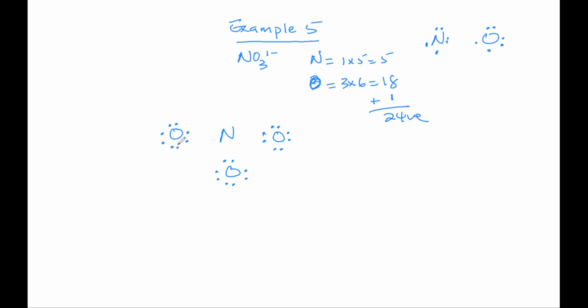Okay. We have 8 plus 8 plus 8. This is 24. 8 times 3 is 24.